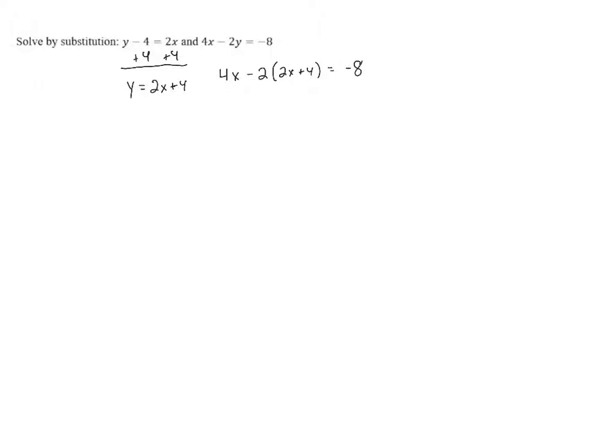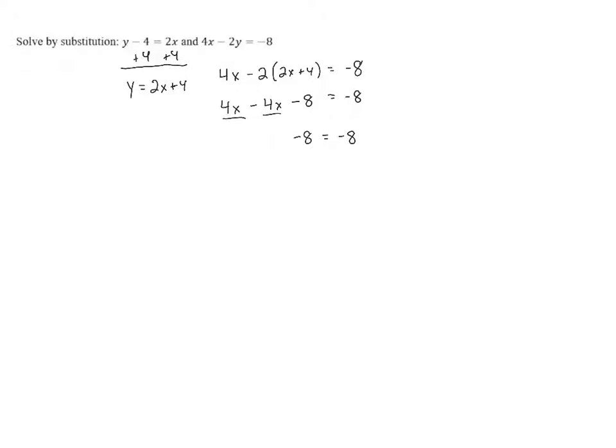Now, on the left-hand side, we can distribute the negative 2. So we still have the 4x, but then we end up with negative 4x minus 8 equals negative 8. Now on the left, 4x minus 4x is 0. Those like terms cancel, and we're left with negative 8 equals negative 8.